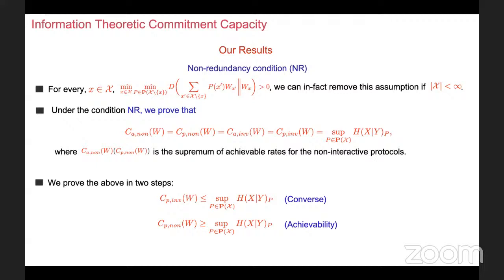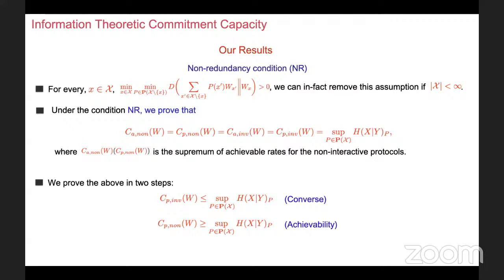Under this non-redundancy condition, for non-interactive protocols with the invertibility assumption, we show that the capacity is equal to the conditional entropy of X given Y, supremized over the input distribution, which is the same as what Winter et al. proved for classical channels.